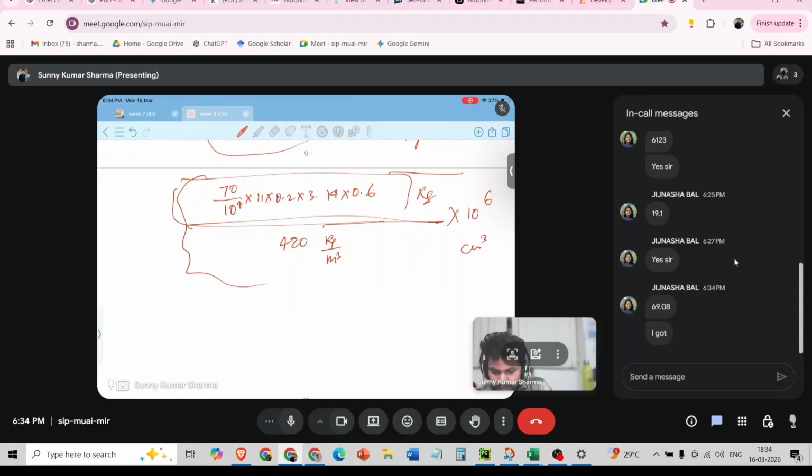Okay, wait, so from 0.2 into 0.4 into 0.6 I'm getting 6.28.